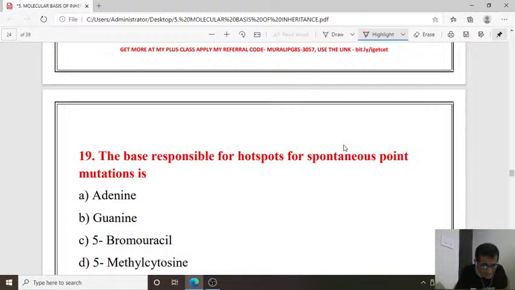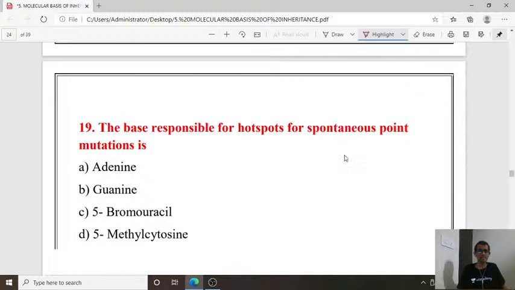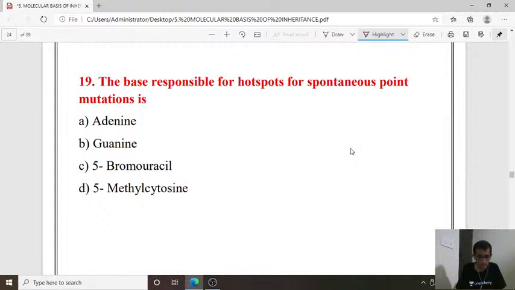And next, the 19th question. There are totally 30 questions, I think. The 19th question: the base responsible for hot spots for spontaneous point mutation is which one? Hot spots for spontaneous point mutation means, in the DNA sequence there are different bases, adenine, guanine, cytosine, like that.